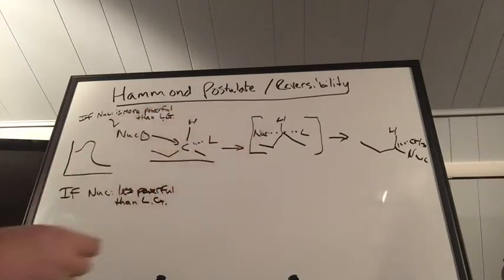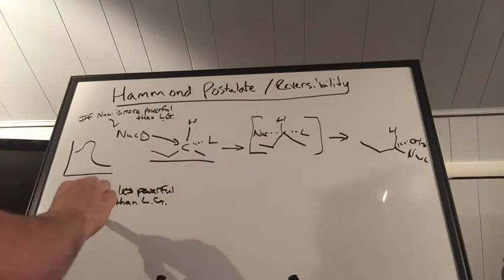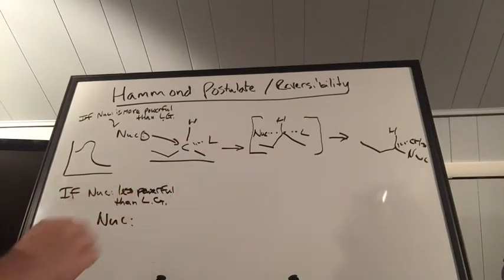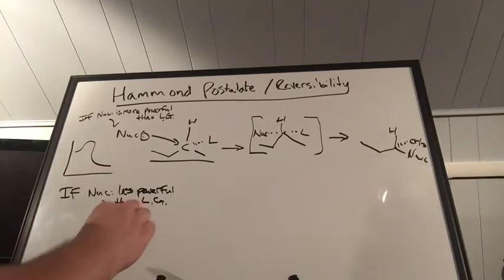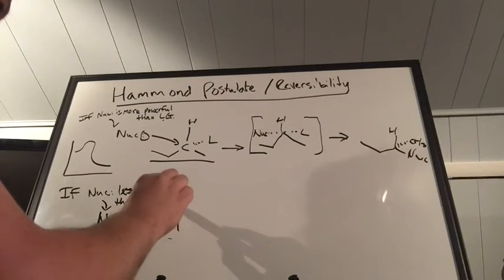At least the transition state is. I know this seems way more confusing, but it's going to make a lot more sense when you actually put this into some application here. I know this is just generic.